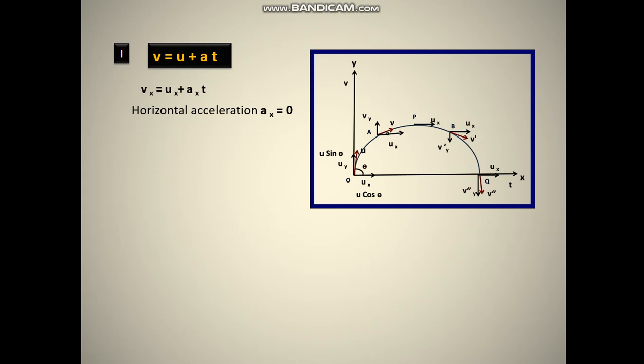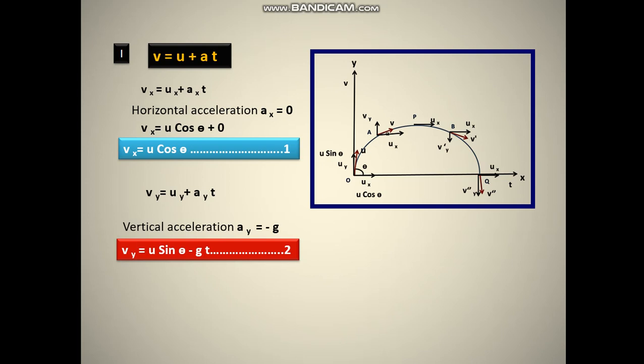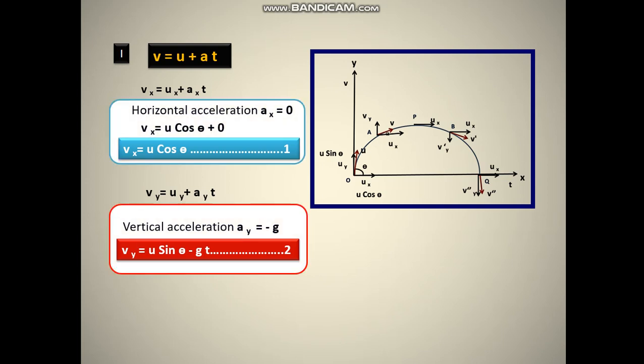So putting the values, we get vx is equal to u cos theta plus 0, that is u cos theta. Now let us take the y component vy, that is equal to uy plus ay t. Vertical acceleration ay is minus g. So vy is equal to u sin theta minus gt. So note these equations for vx and vy.